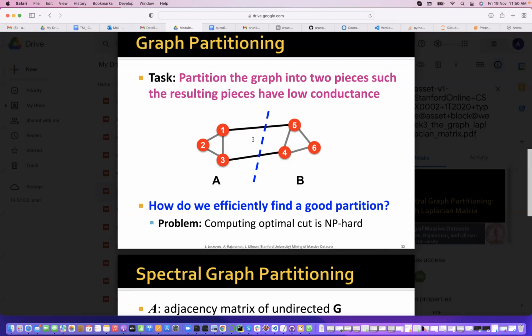But for computing, NC0 plus NC1 plus NC2 plus ... plus NCN equals 2 power n. So the number of partitions you can make is exponential.